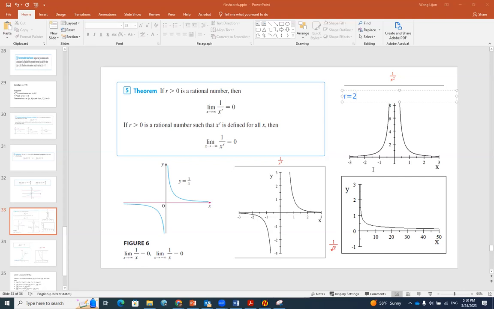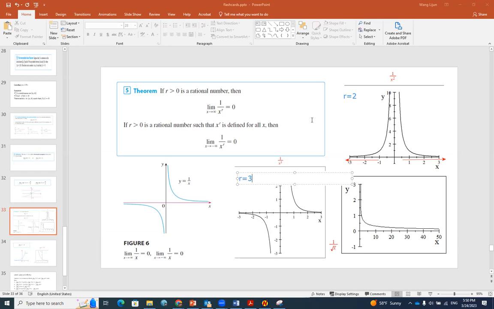And we can see as x is approaching negative infinity or positive infinity, the curves approach 0. And for this one, which is 1 over x raised to the power 3, you can see these two are similar, right? And of course, in this case, r is 3.